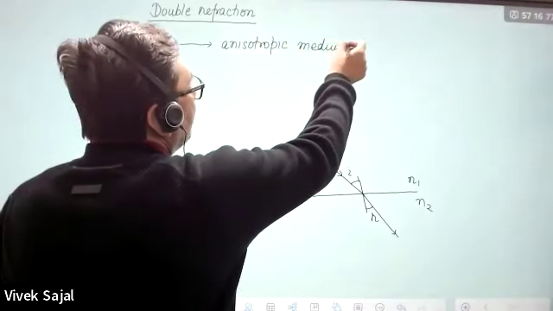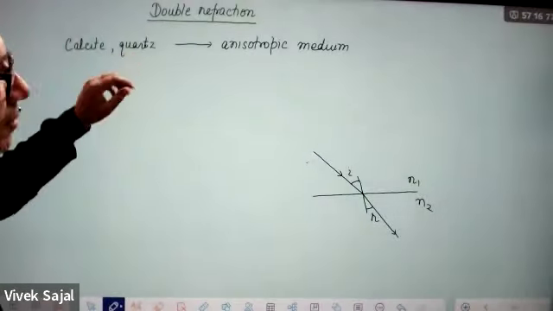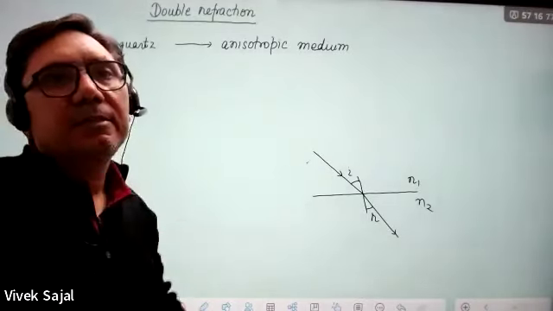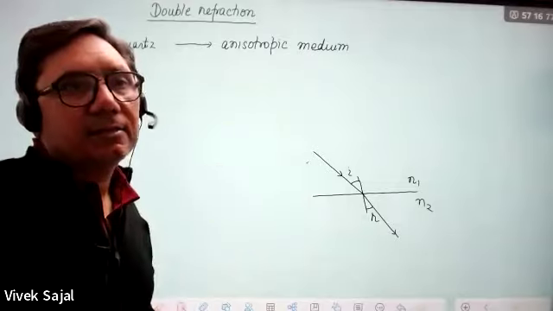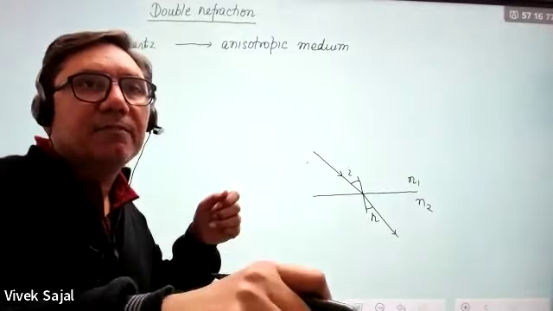What is the meaning of anisotropic mediums here? What is the property of these? The property is that they have different refractive indices in different directions. So if you choose one direction, you will observe one refractive index, and if you choose a second direction, you will observe a different refractive index.